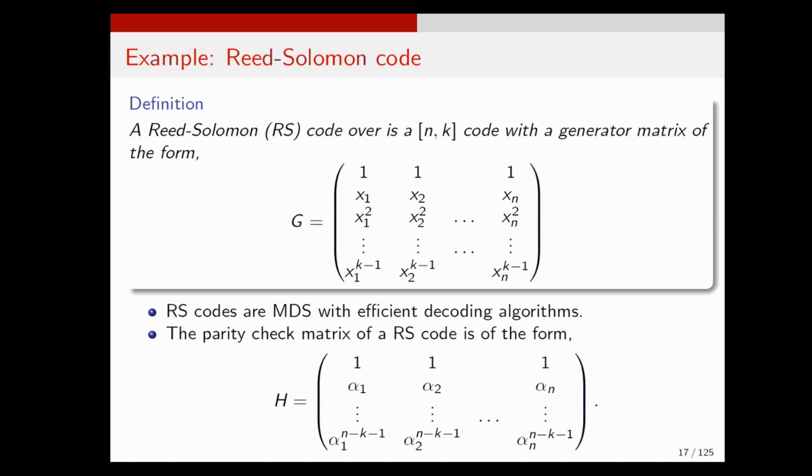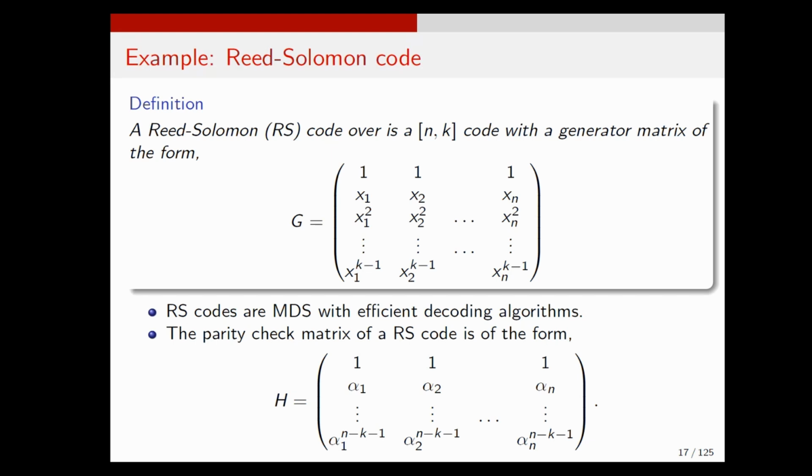So you'll get some new numbers alpha 1 to alpha n, which will depend on x1 to xn in some non-trivial way. And in this sense, Reed-Solomon codes are self-dual. The generator and parity check matrix can be written in the same form. We'll use this property later again to describe some things. So is the definition of the Reed-Solomon code clear, and at least that it's MDS?